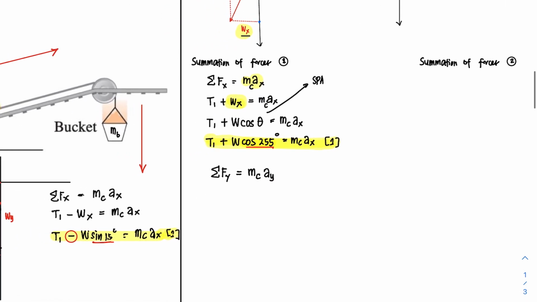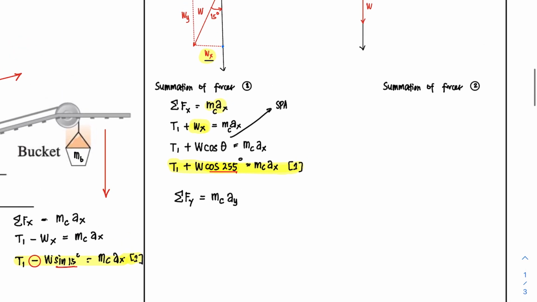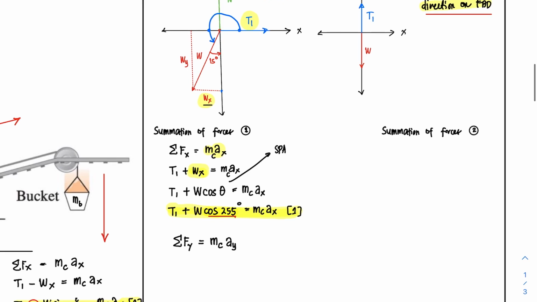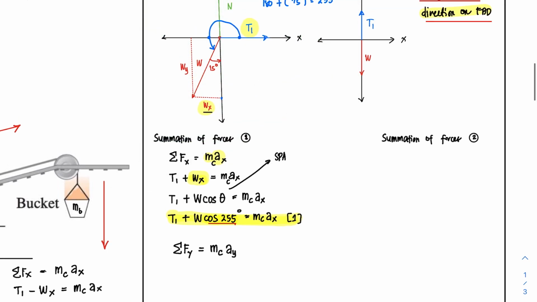So when we do this, we simply look at the free body diagram. So what are the forces that you can see on the free body diagram along the y-axis? So along the y-axis, you have the normal force and it's moving up. So I will take that to be positive. And on my y-axis, there is a component along the y, which is W sub y.